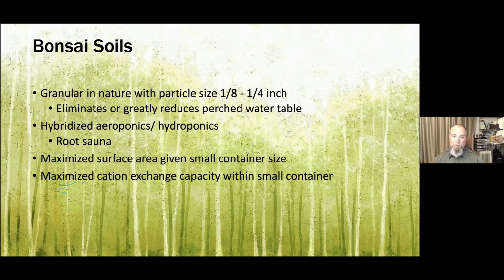And the last point would be that we want to maximize cation exchange capacity within the small container. So that's slightly different than porosity. That has to do with the charge on the soil component itself. A negative charge will attract positively charged ions, which is what most fertilizer components are, other than a few forms of nitrogen.